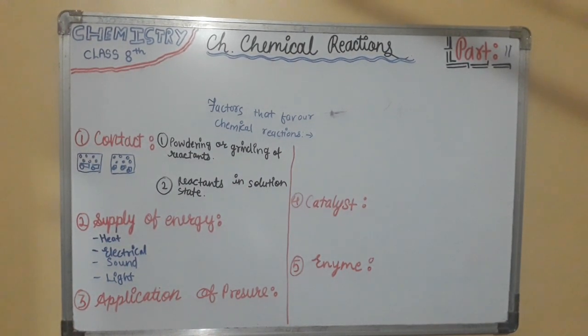Next is electrical. A few reactions are brought about by passing electric current through the reactants. The reactants split up into ions and then move to the opposite electrodes, forming new compounds.